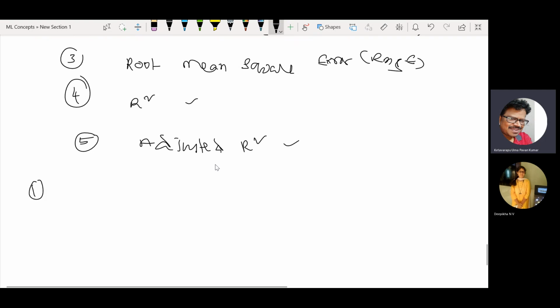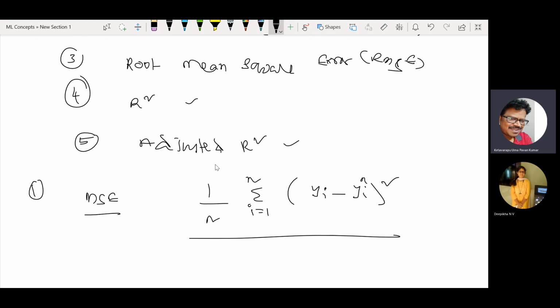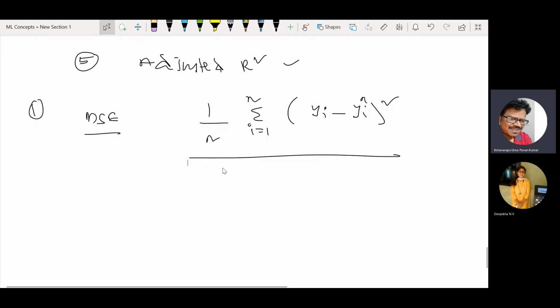However, the first aspect is mean squared error. As the name implies, mean means we are averaging the values I have, where the difference between the actual value and the predicted value is squared. This is what we call the mean square error, where n is the number of data points, maybe 1,000 or 2,000, whichever.